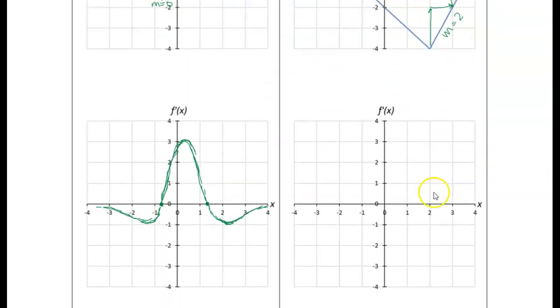The slope is kind of undefined at that point where it changes, so I'm just going to put an open circle here at 2, and I know the slope is 2 to the right, and it's -1 to the left. Okay, and it's just constant, right? So I can draw a straight line, right? So that's sort of what it would look like.